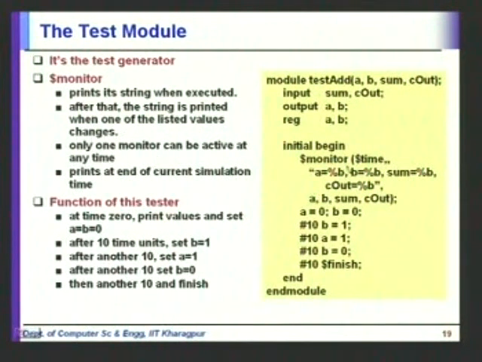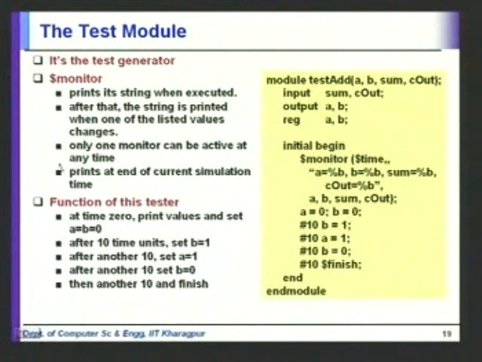So it will print it the first time and then thereafter it is going to print it every time any of the listed values change. It will also show you at what time, it is going to show you the timeline also, and you can actually plot it out on a display, so that you get timing diagrams. It shows when the signals are changing.